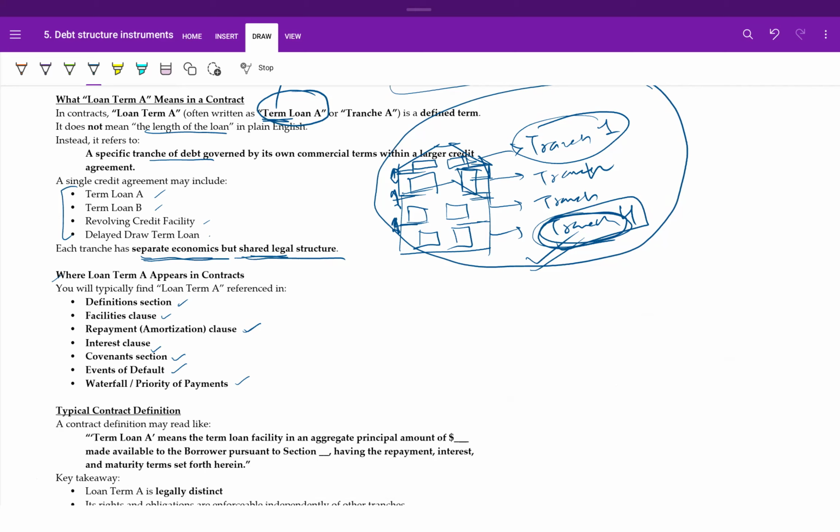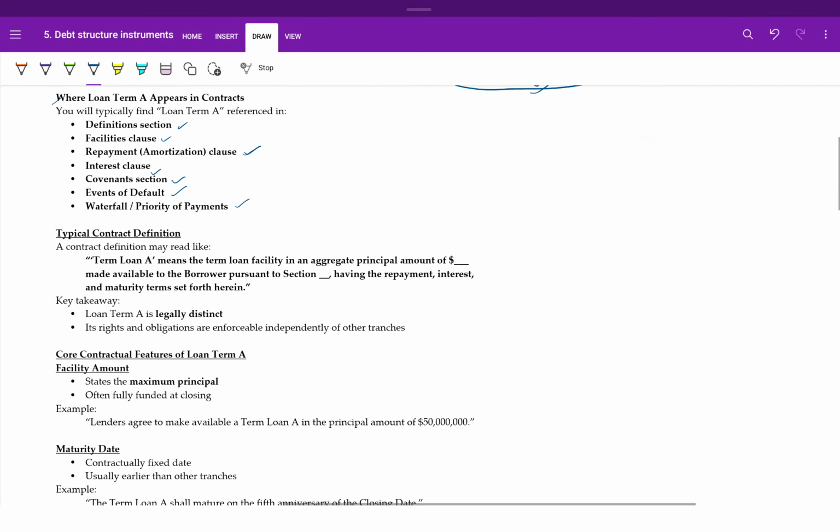From a legal perspective, a typical definition may read: loan term A means the term loan facility in an aggregate principal amount of XYZ dollars, made available to the borrower pursuant to the relevant section, having the repayment, interest, and maturity terms set forth herein.